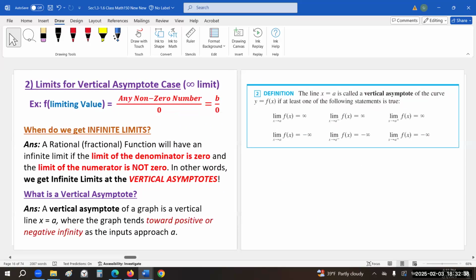You will have a vertical asymptote if you go toward a particular x value and your y value becomes extreme, either extremely positive or extremely negative. In that case, you have a vertical asymptote. So your limit at a vertical asymptote will have three choices: either positive infinity, negative infinity, or the limit doesn't exist. Three cases.